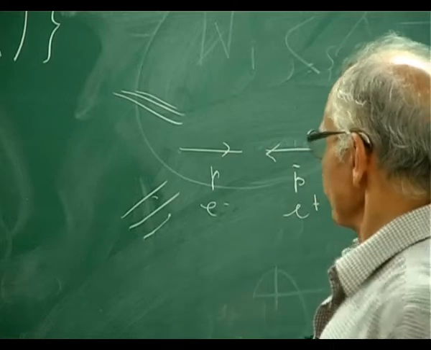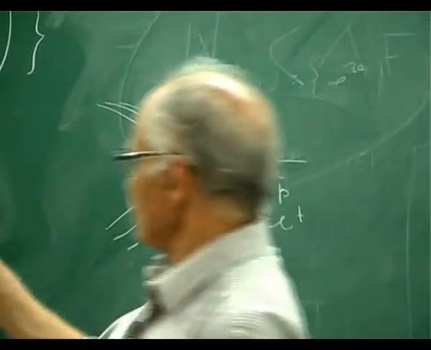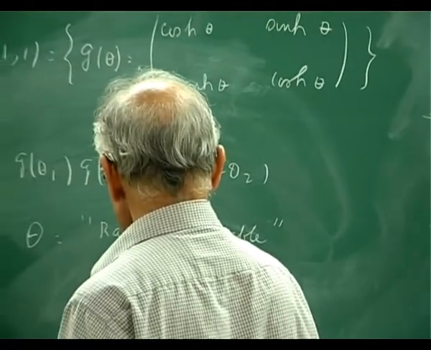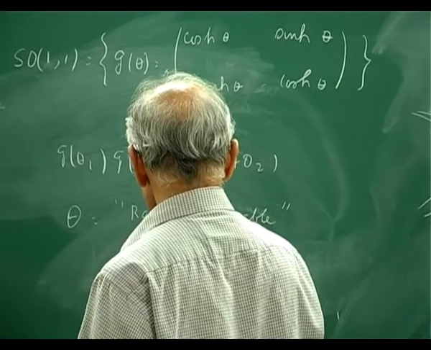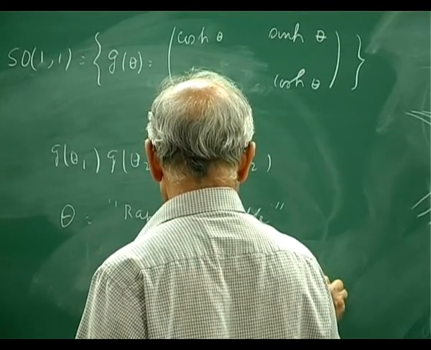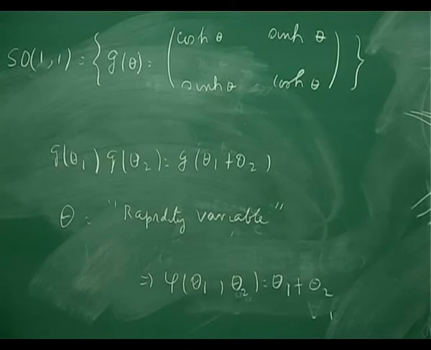This variable is well known, but for us the important thing is that phi of theta 1, theta 2 is theta 1 plus theta 2. It's simply addition.